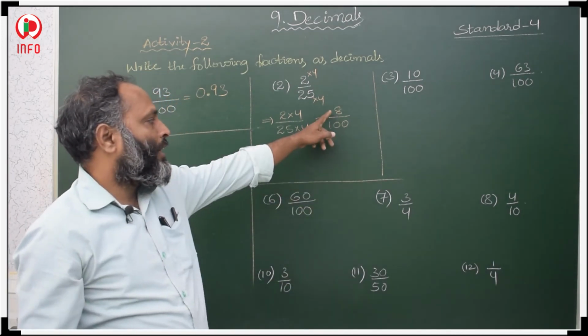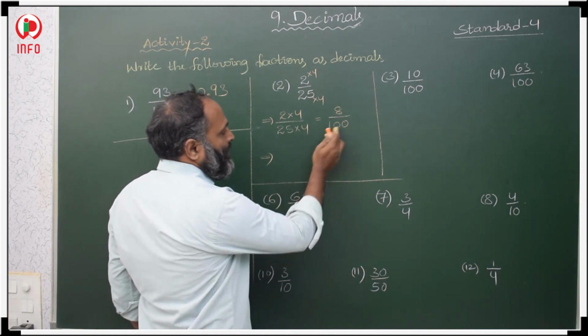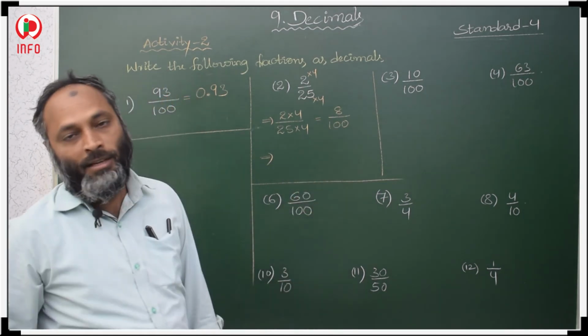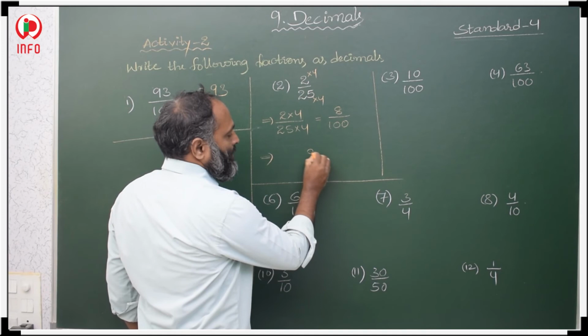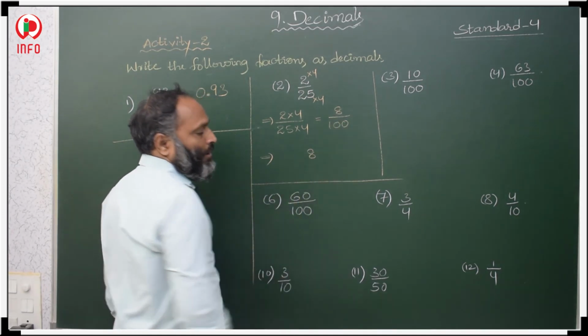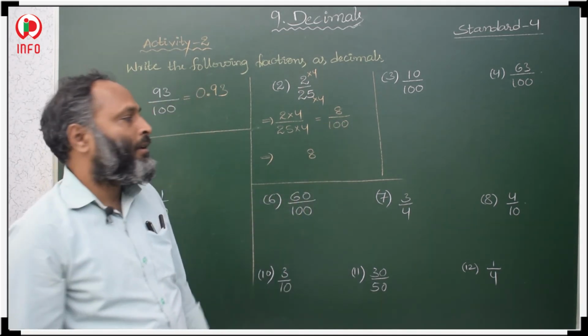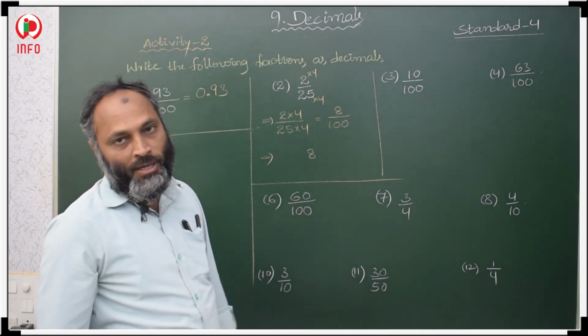Now we take the numerator, 8 hundredths, which means 8. By 100 means hundredths, so after 2 places we have to keep a decimal.